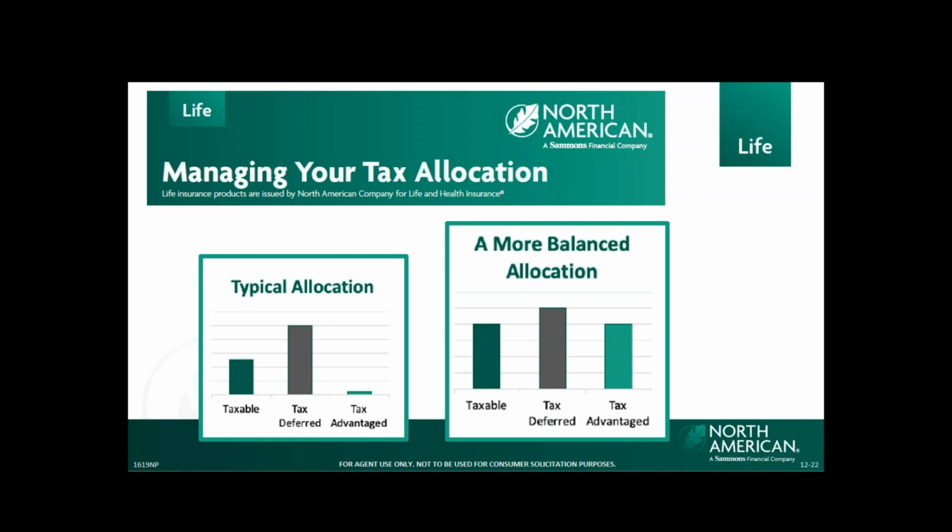I myself started my IUL policy about 10 years ago. I just did a conversion of a term policy here at North American to increase my IUL so I could put more money in. I started my son on his policy when he was 18. He's now 24 this summer.